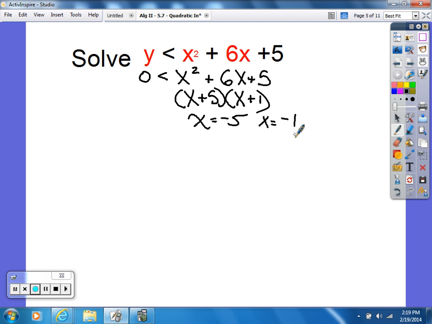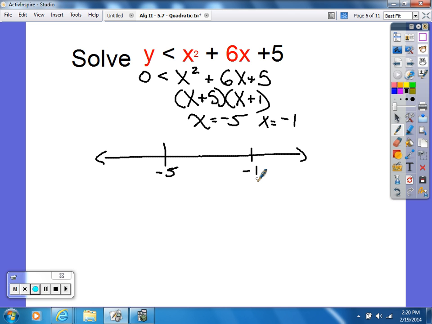Now, we're trying to figure out what x values I can plug into this original equation that will make it true. Well, the easiest way to do this then is to graph those two on a number line. So I'm going to graph -5 and -1 on a number line. For me, remember, you don't need to put the number 0 on.